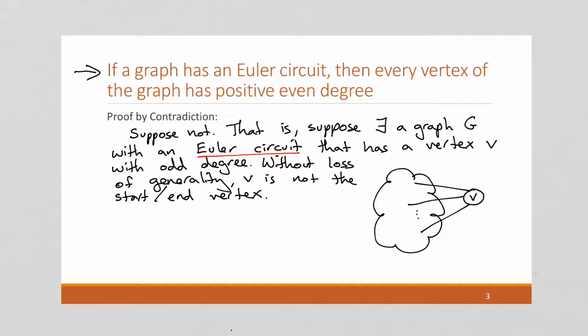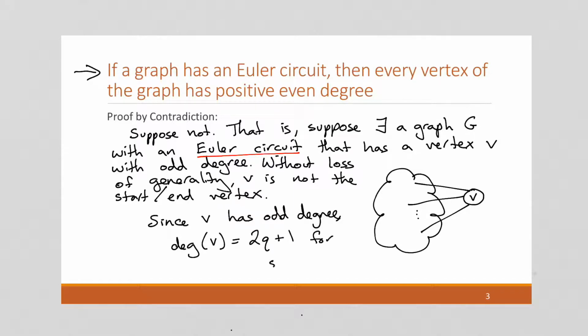Okay, so since it has an odd degree, then the degree of V is going to equal 2q plus 1 for some integer q.